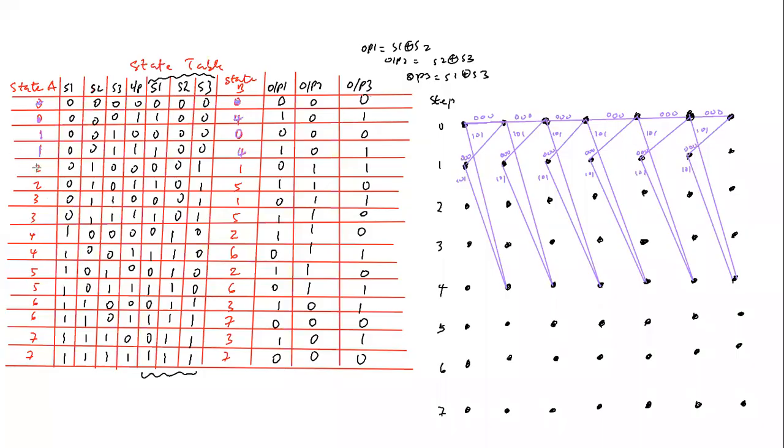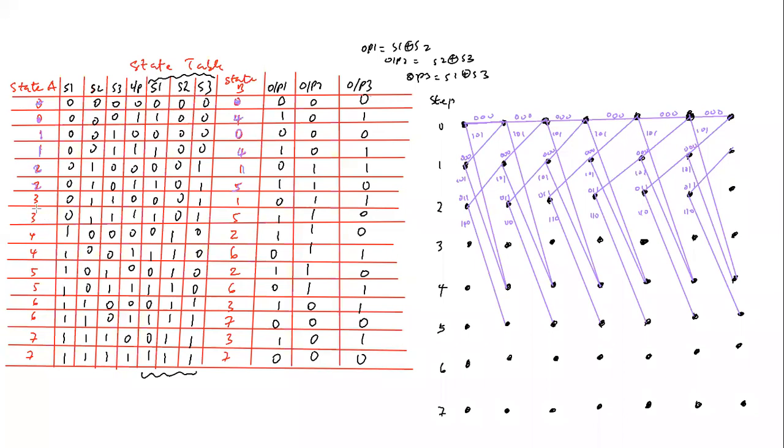So the next step now is to move from 2 to 1, and from 2 to 5. We're going to populate that once again.